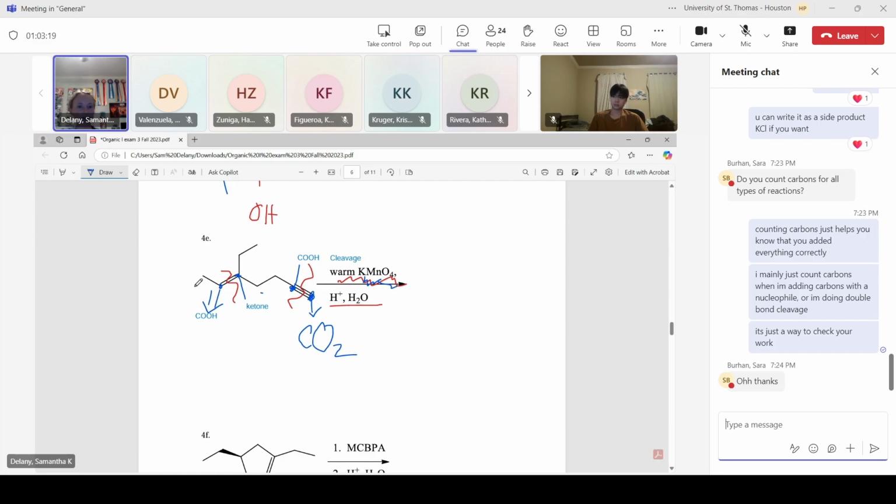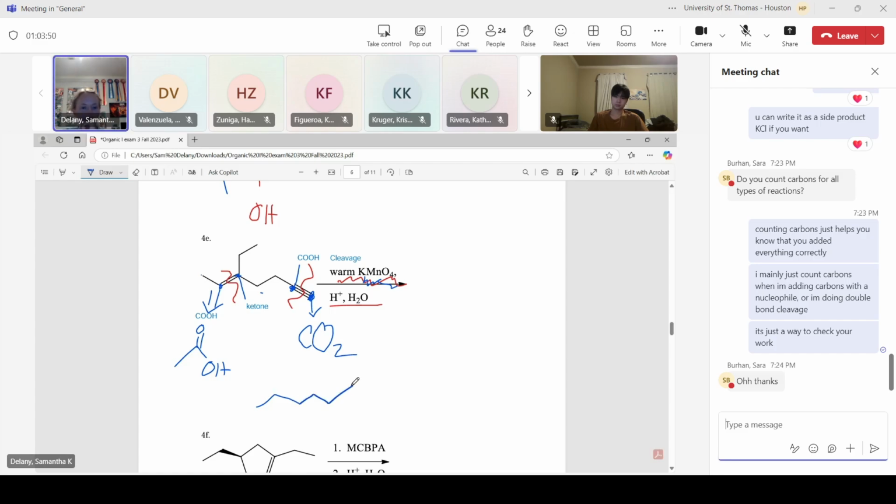All right, now let's just draw all of our carbon products. I'm going to go left to right. So we have a 2-carbon carboxylic acid. I drew 3. It's okay. Two-carbon carboxylic acid, so that's the leftmost portion. In the middle, we have 1, 2, 3, 4, 5, 6, a 6-carbon element.